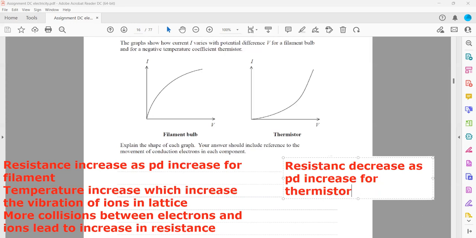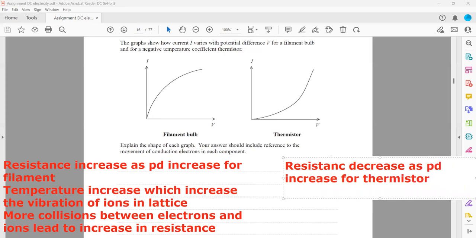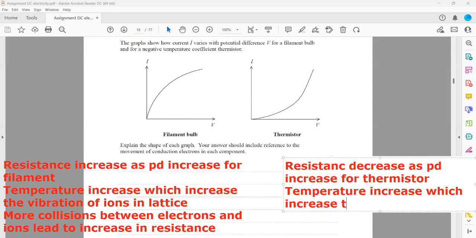What about the second point? The second point will mention the temperature increase, because current also has a heating effect. So temperature always increases when there's a current through any device or component. So temperature increases, which increases the number of charge carriers, like more electron and hole pairs are generated.